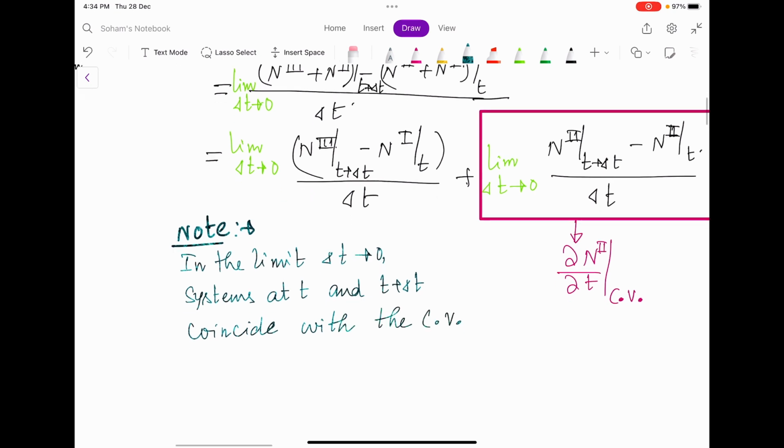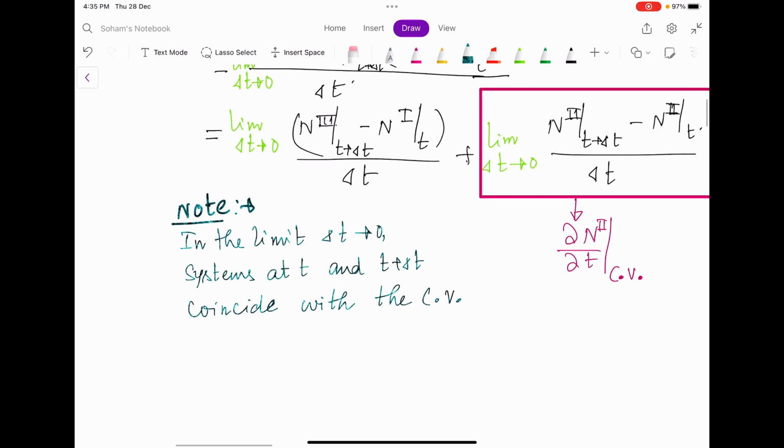So all this N3, N1 will be with respect to the CV.